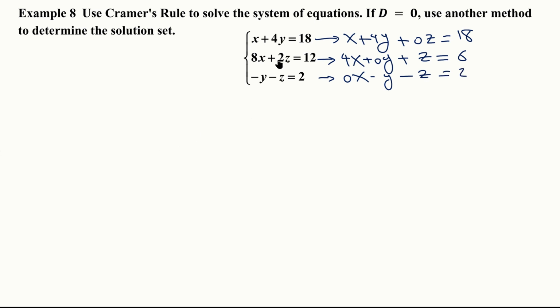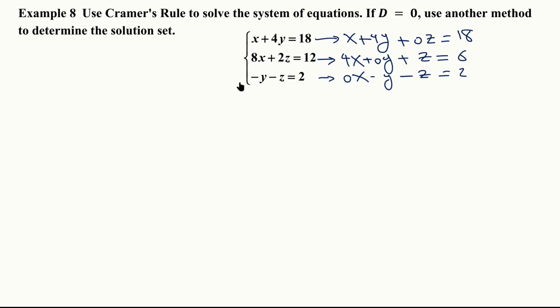So just do a quick scan, make sure you've done it correctly. X plus 4y plus 0z equals 18, that's correct. We divided all of these by 2, so 4x plus, there was no y term, so we put the filler, plus 0y, plus this one divided by 2 becomes z, and this becomes 6, all right?